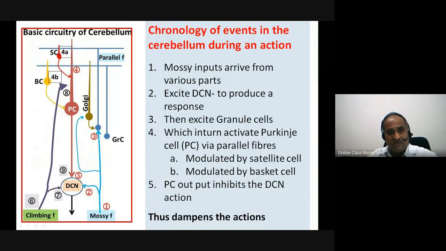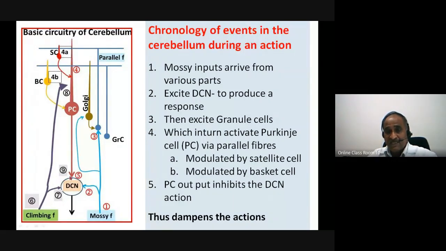This makes contact with the stellate cell, and that would be inhibitory, a feed forward. And the basket cell, this would be the basket cell there, and that would be inhibiting the Purkinje cell. So this is a feed forward inhibition it provides. Then the Purkinje cell output suppresses the deep cerebellar nuclear activity.